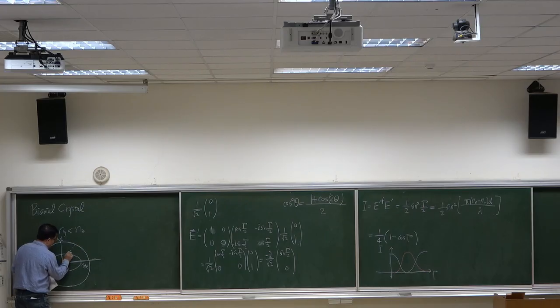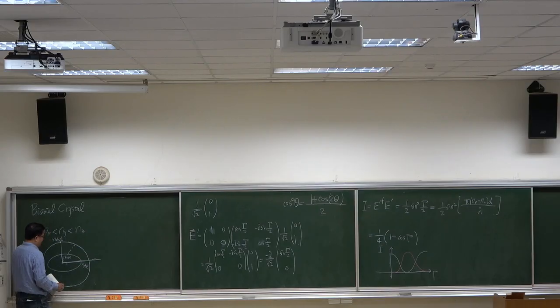So if you have an arbitrary propagation direction, but the b vector is along the z-axis, then you get a refracting index equal to nz, and this corresponds to this circle.